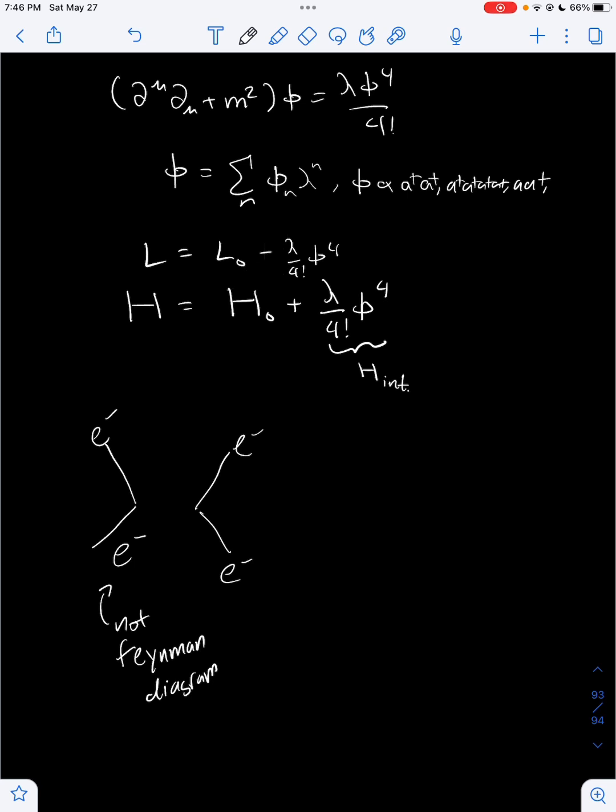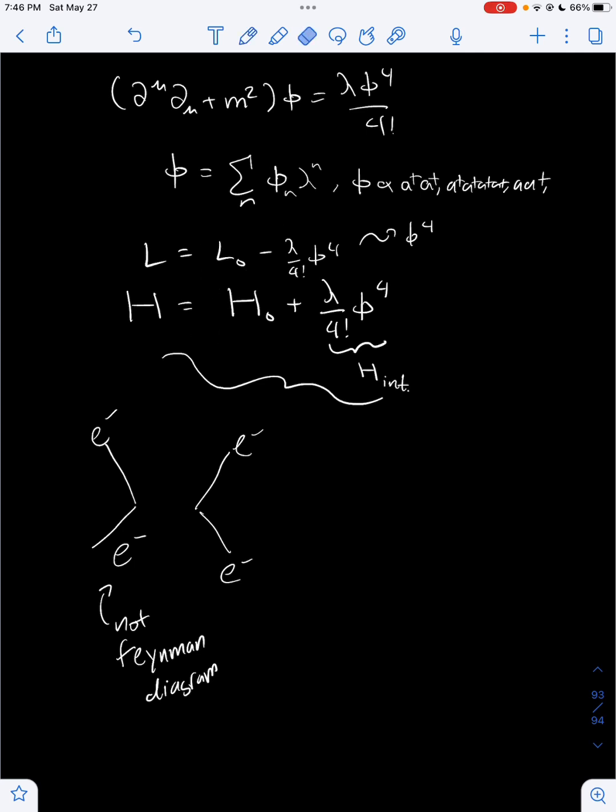And just like how there's an interacting Lagrangian, there's also an interacting Hamiltonian. So for the phi-4 interaction that we talked about in the last video, we called this over here the free term, and this part the interaction term. There's a similar thing for the Hamiltonian.